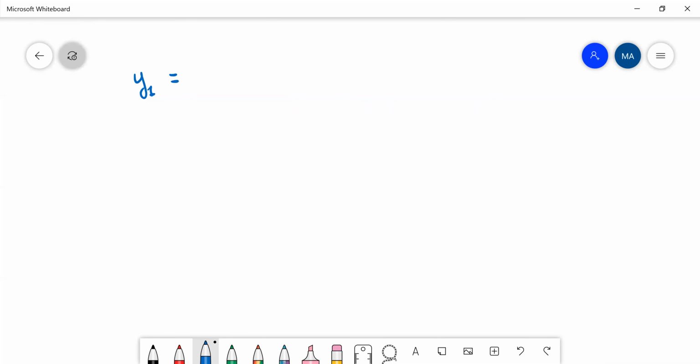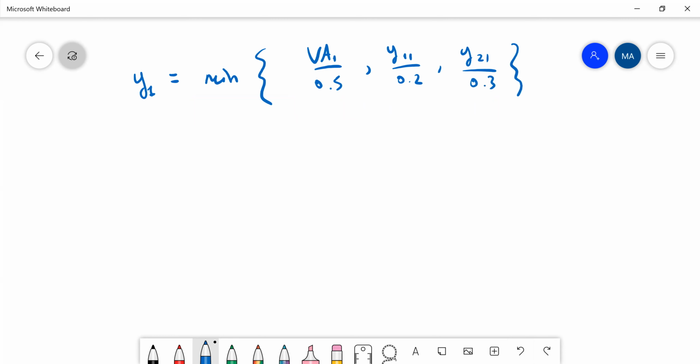Y1 is equal to minimum of VA1 over 0.5, Y11 over 0.2, Y21 over 0.3. Okay, so here we wrote this for J. So be careful. This J here is this same J and this and this.